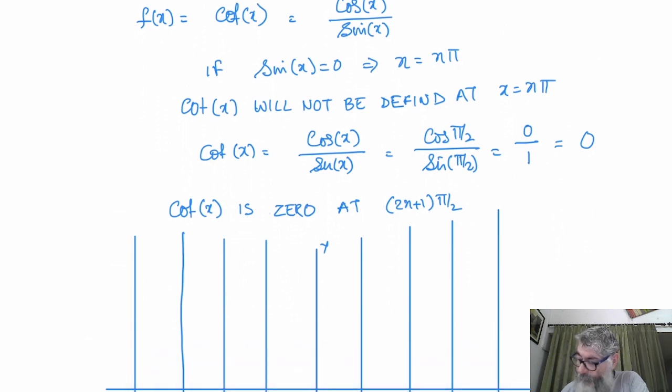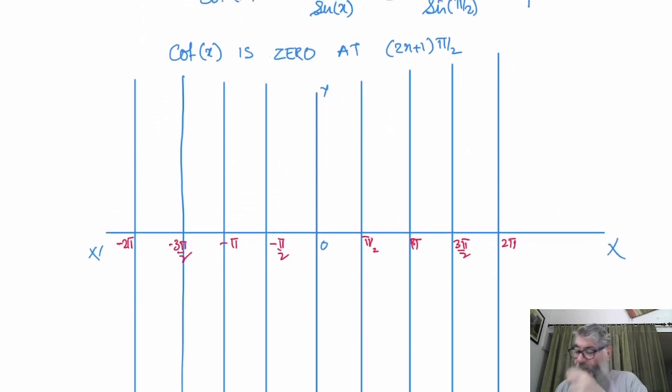It is here: pi by 2, pi, 3 pi by 2, 2 pi. Similarly, minus pi by 2, minus pi, minus 3 pi by 2, and minus 2 pi. So we have got these points. Now it will pass through at pi by 2, minus pi by 2, 3 pi by 2, minus 3 pi by 2.